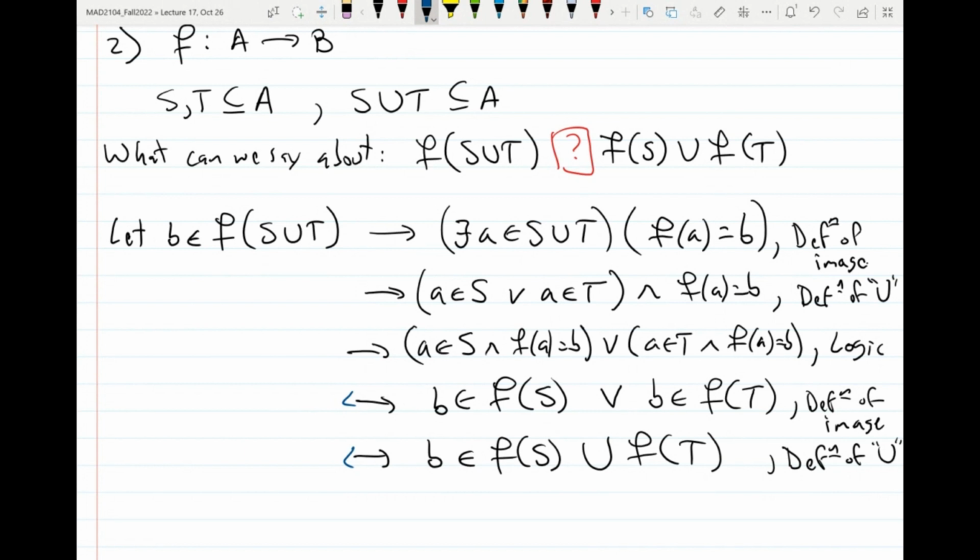If you have 2x squared plus 4x, you want to factor this, what do you do? You take out 2x, and then you have x here and then a 2.